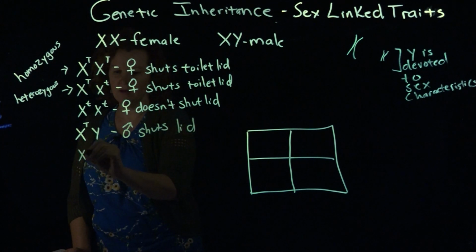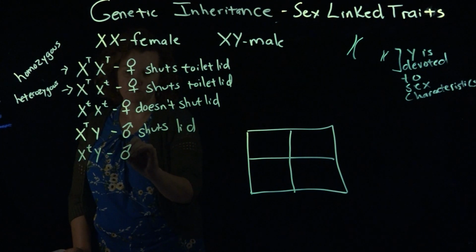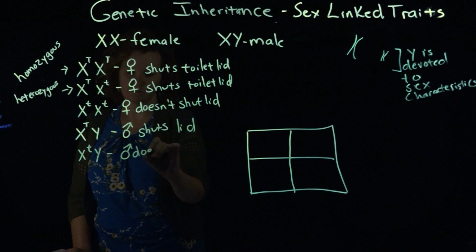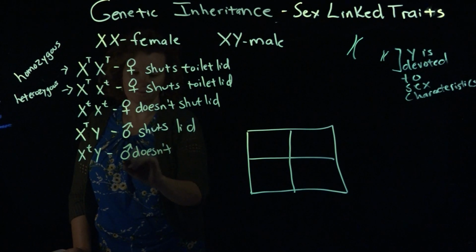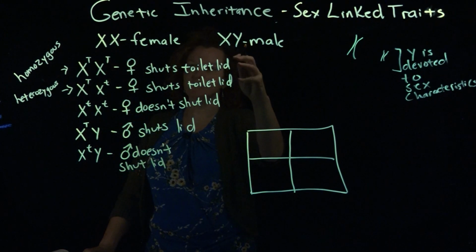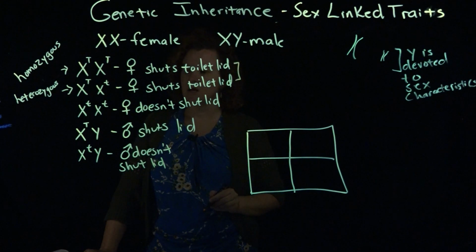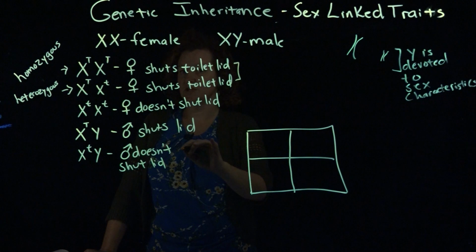And then you can have a male that does not. So what you see here is you have two different possible combinations that can give you that dominant trait in females. In the males, it's a 50-50 chance.